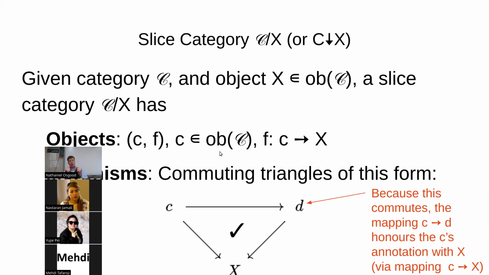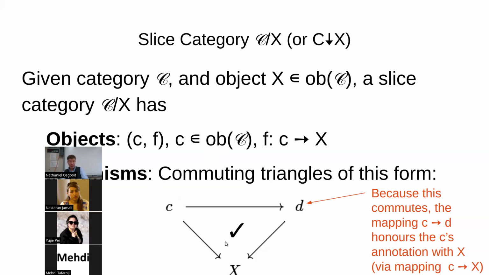Maybe C is Set, X is some set, and the objects of our Set/X category are going to be sets paired with a morphism from that set to our particular set X.